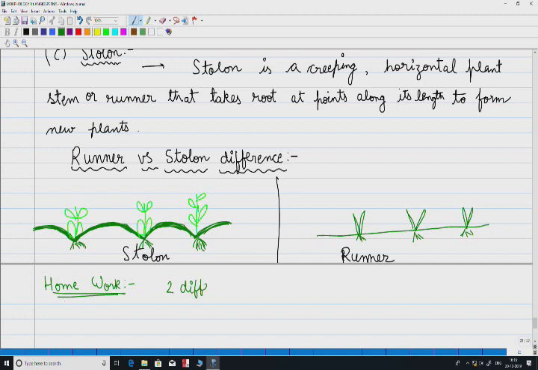Two differences between stolon and runner, two differences each.